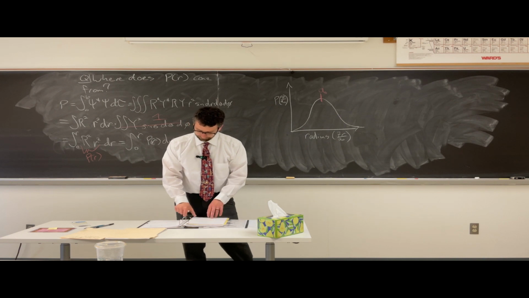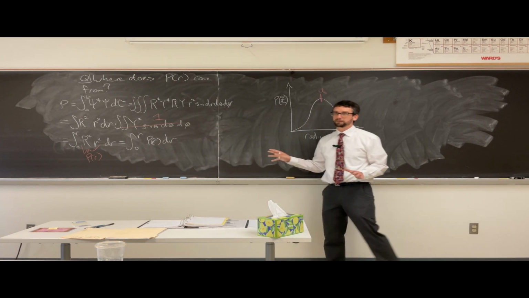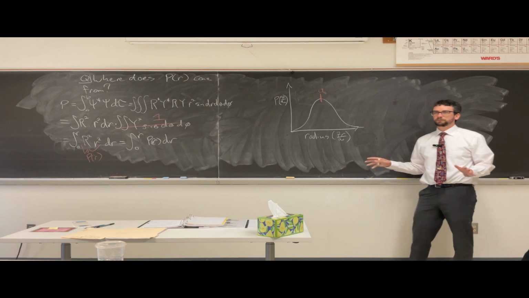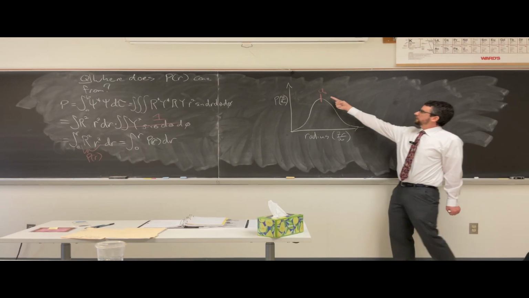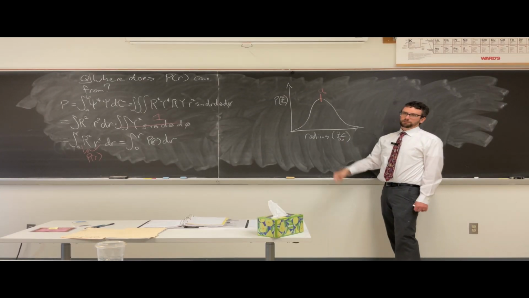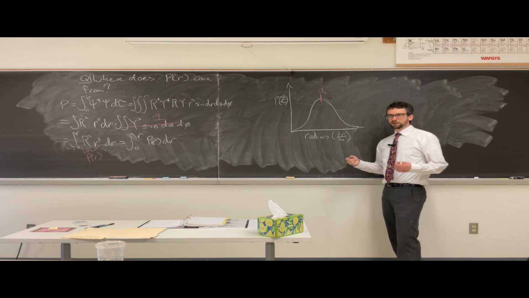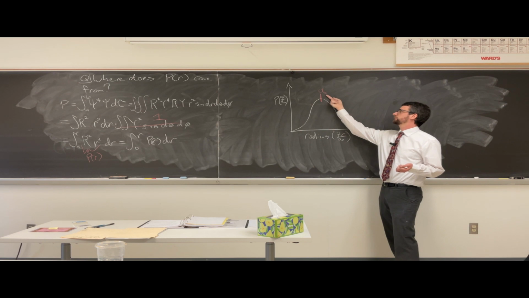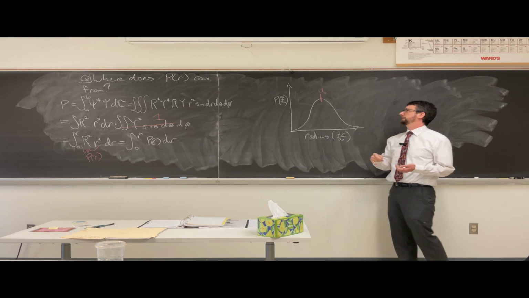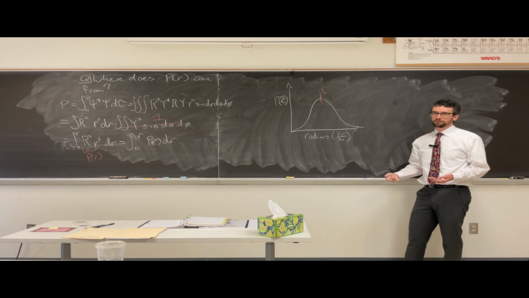Okay. Any questions about that? Okay, I told you this was the maximum probability, but how could you calculate it? Or this radius has the maximum probability. How can you find that?